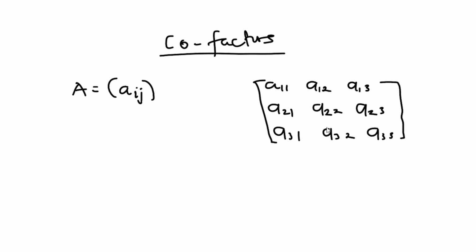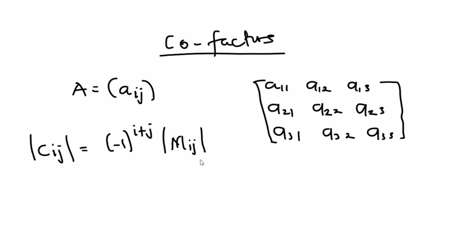The rule for the sign of the cofactors is given by C_ij equals -1 exponent i plus j times the minor.